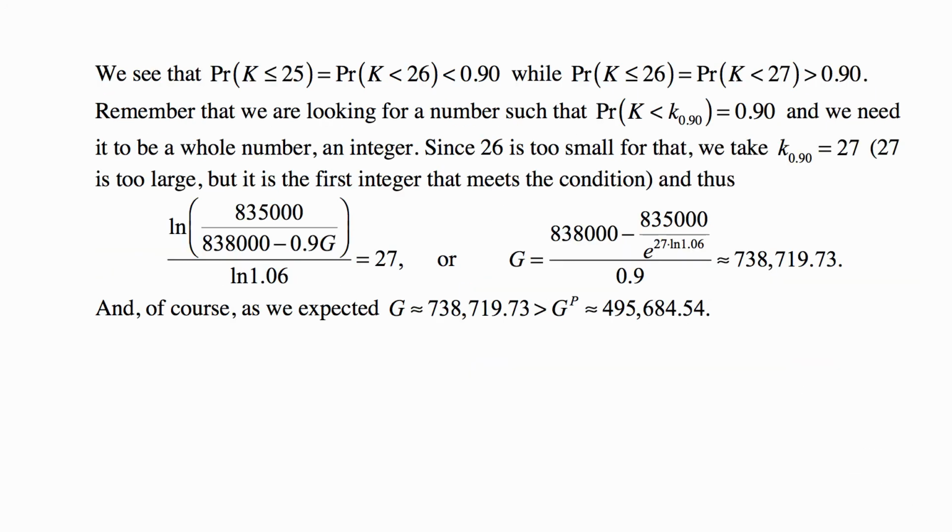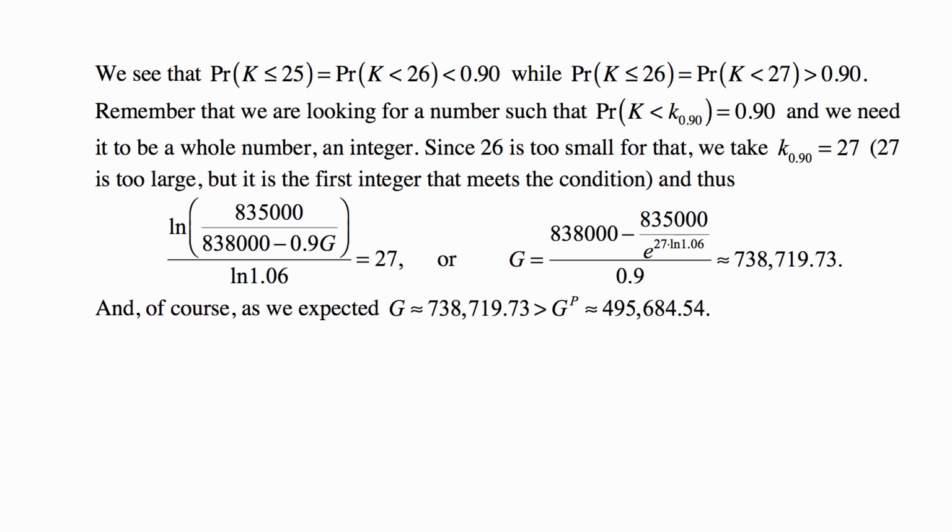Also, the probability that K is less than or equal to 25 is the same as the probability that K is less than 26. So the probability that K is less than 26 is less than 0.90, while the probability of K being less than 27, which is the same as the probability that K is less than or equal to 26, is more than 0.90.